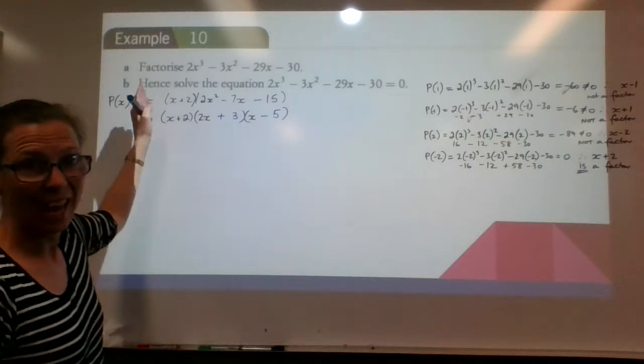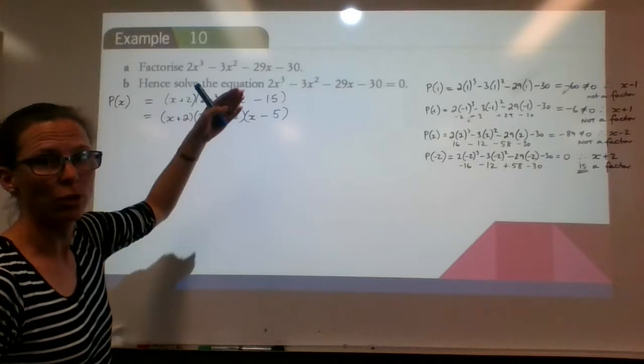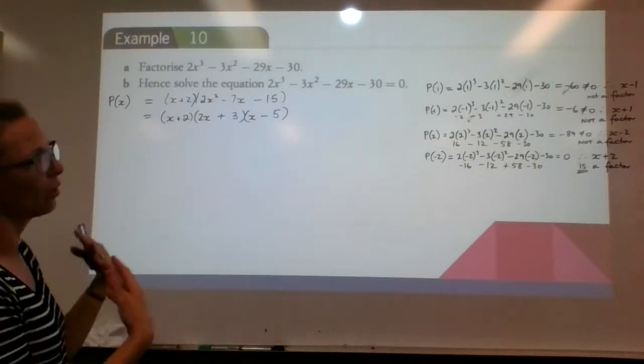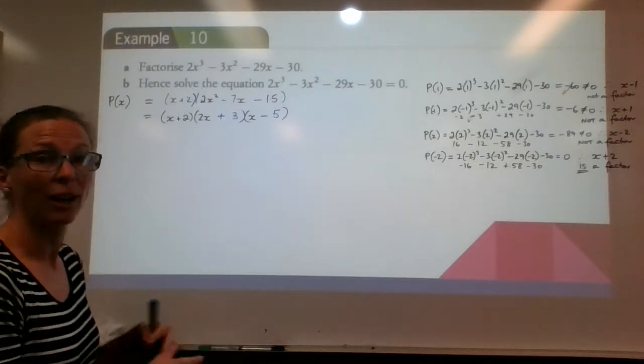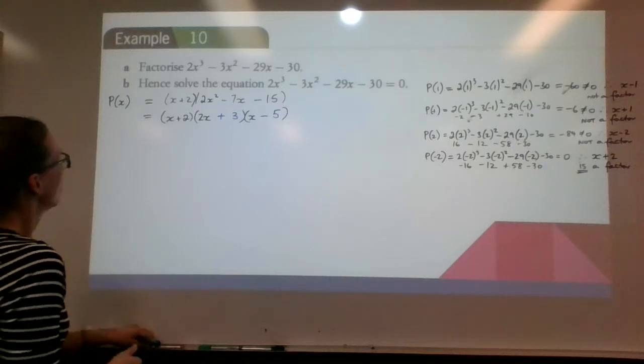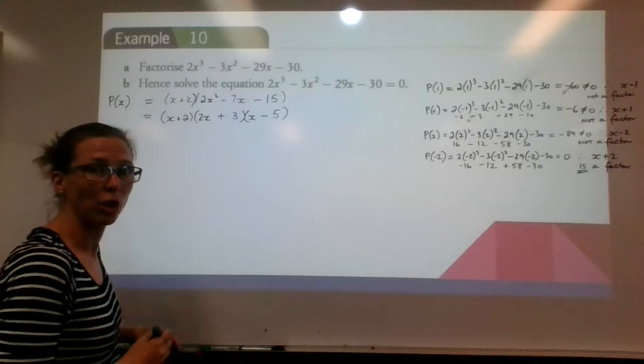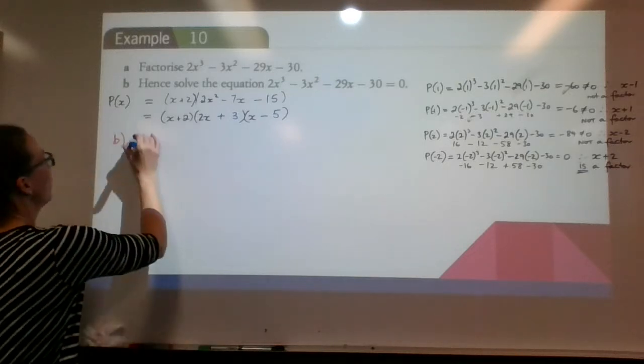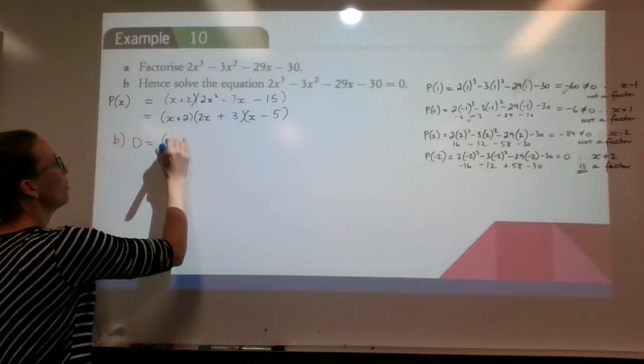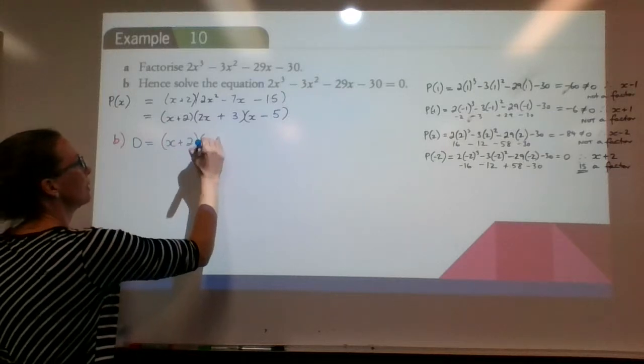Part B says, hence, solve the equation. So hence means using whatever I've gotten so far, solve the equation. So solving the equation means making my polynomial equal to 0. Okay, so I'm making 0 equal my factors.